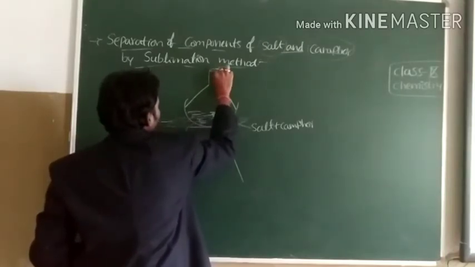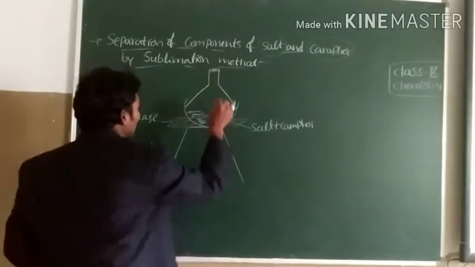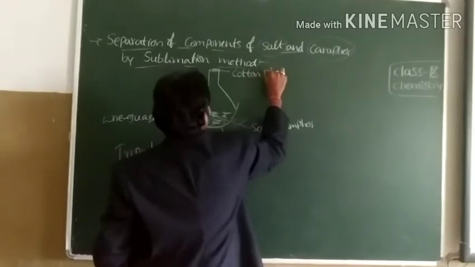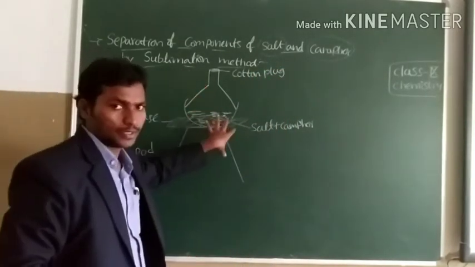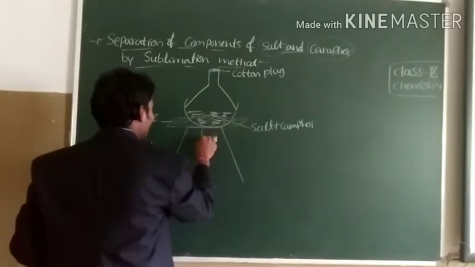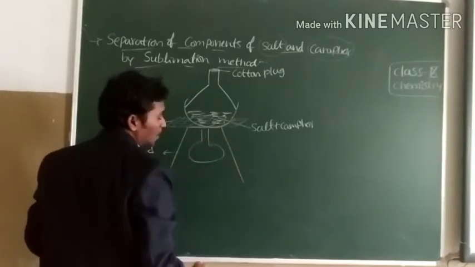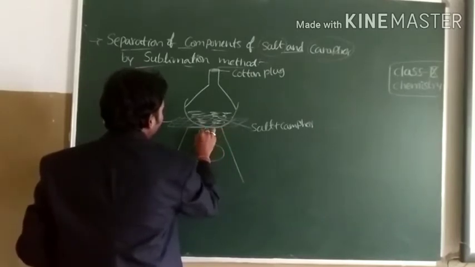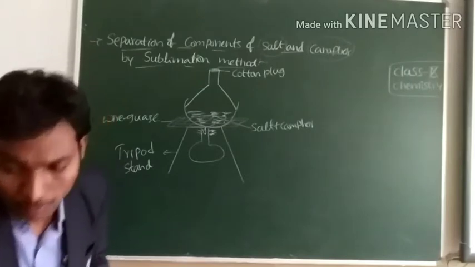We have to close the tip of the glass funnel with a cotton plug. Now we have to heat the mixture with the help of a spirit lamp or Bunsen burner, children. Either a spirit lamp or a Bunsen burner.